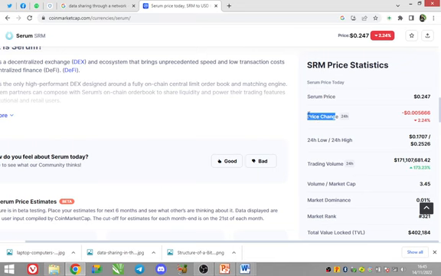The price change just means the difference between the high and the low of the token within the 24 hours.